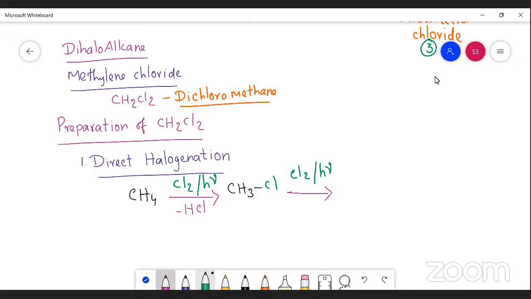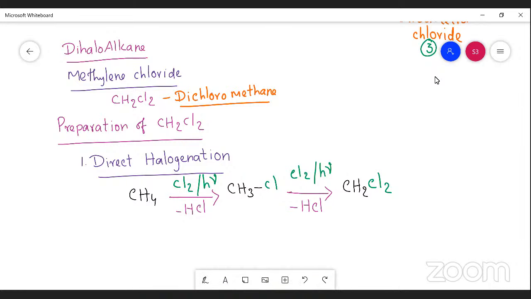By removal of HCl here, we get CH2Cl2, methylene chloride, as the product. Now stop the reaction here. So we get methylene chloride, that is dichloromethane.